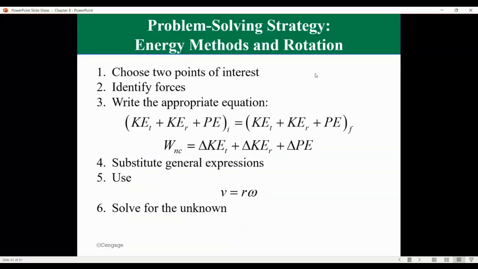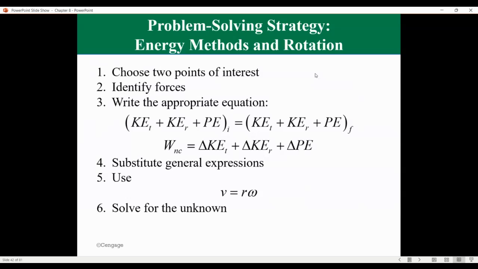What you're going to do with this is essentially the same as before, but the only difference is now we include the kinetic energy of rotation, right? And remember, it only exists when the body's in motion, and it only exists if the body's rotating.